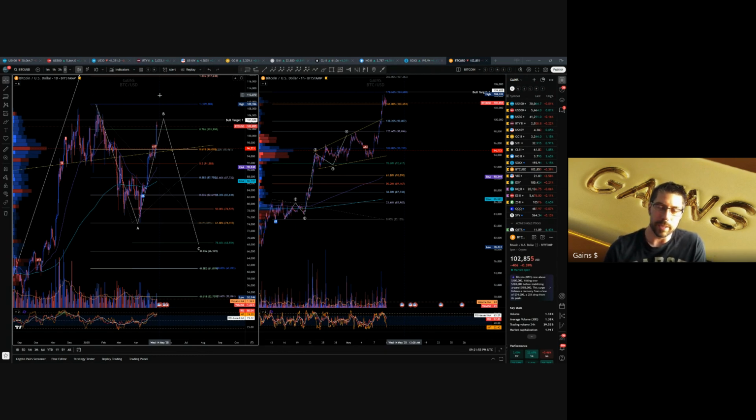Either crypto needs to take a step back, and then people flood back more into bonds or equities or whatever. But we can't have all things rise in tandem because there's just not enough money to keep that driving higher. There's always going to be that wave of resistance with people selling into it.